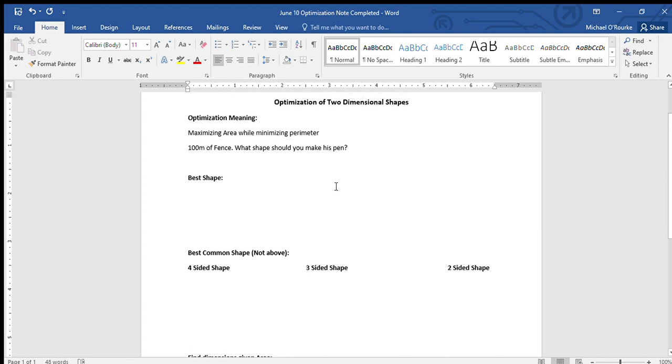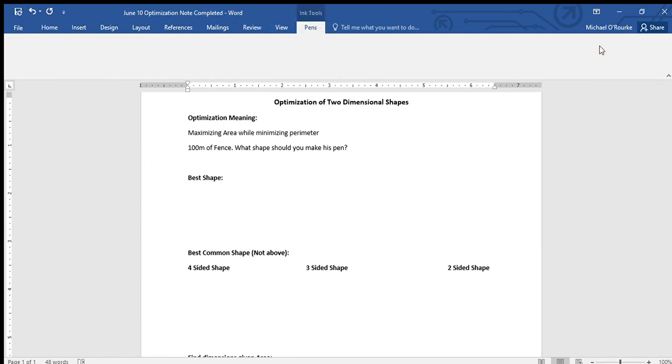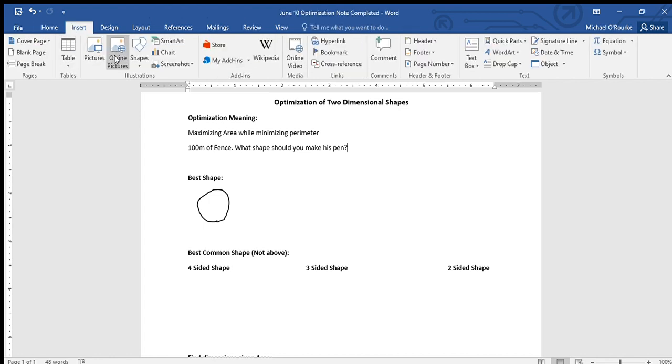If we ran all the numbers and we come back to this, the best shape we can do is actually a circle. That's a horrible circle, but let me go back here. I can actually make a circle. Insert, shape, circle. Done.